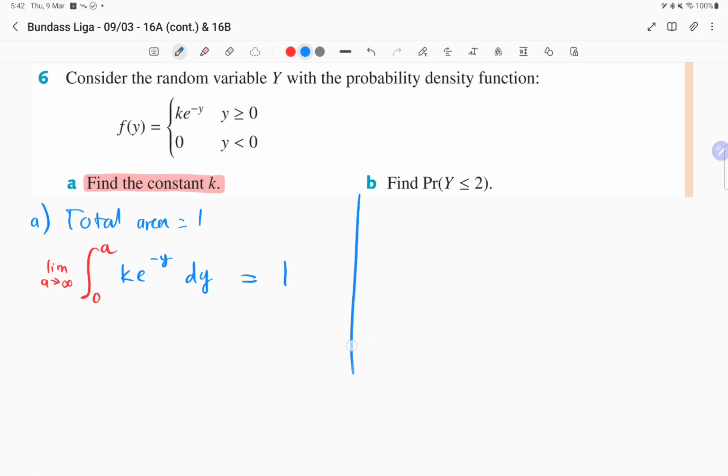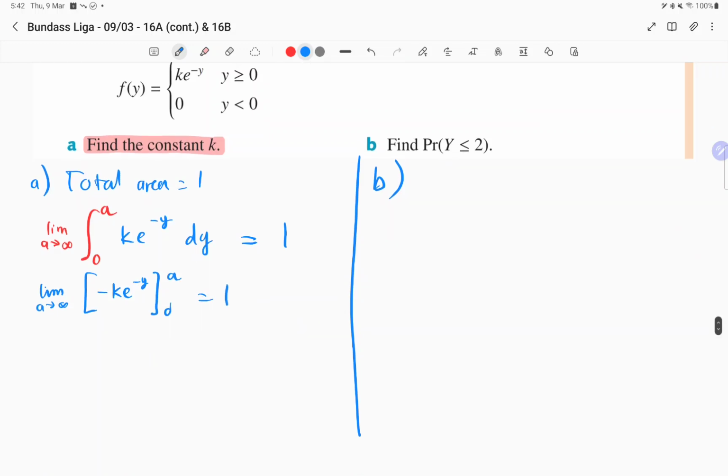And then b is a lot easier. Alright, make sure you get the antiderivative right, and then you sub in all the values.